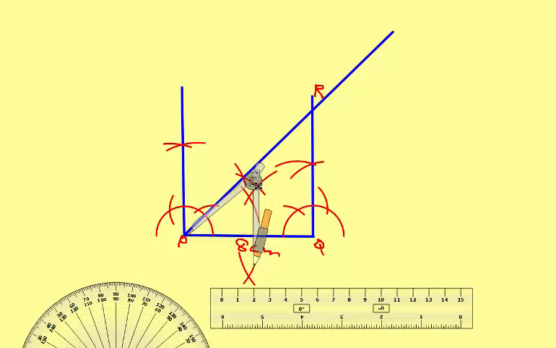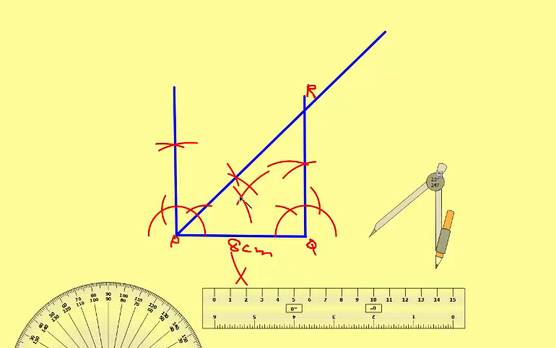Good. Then we can join this line from this point all the way through this. Good. So we've been able to bisect PQ to meet PR at S.